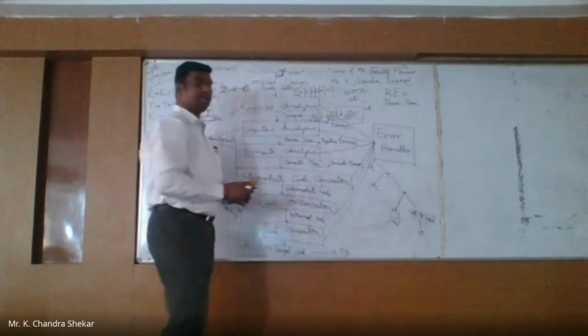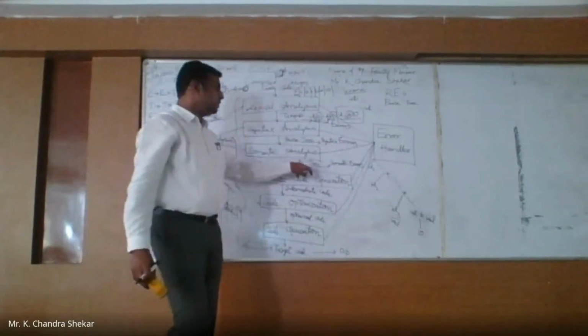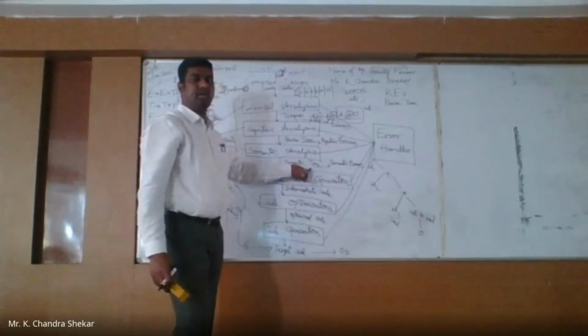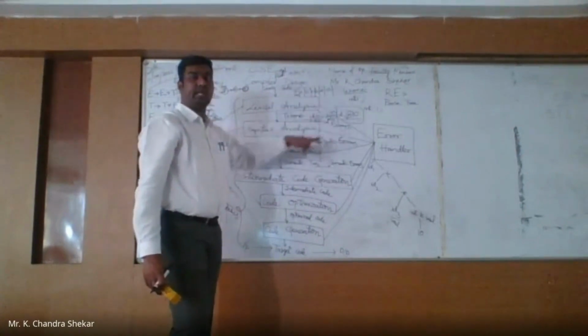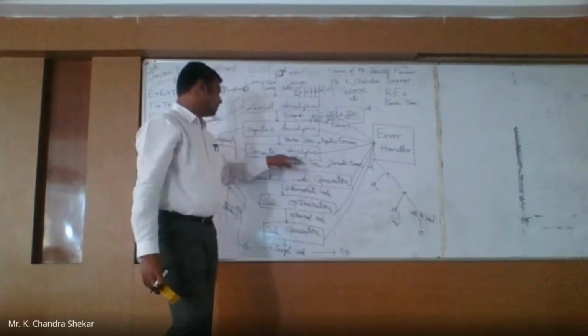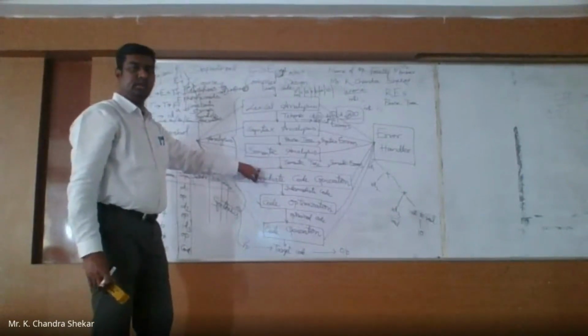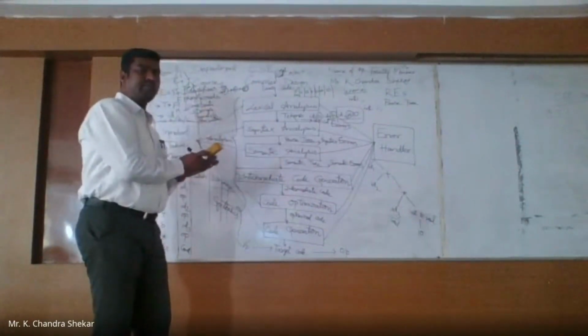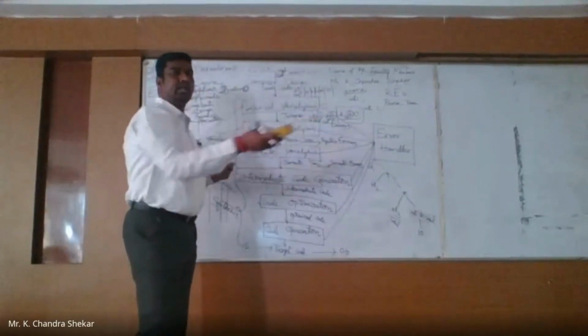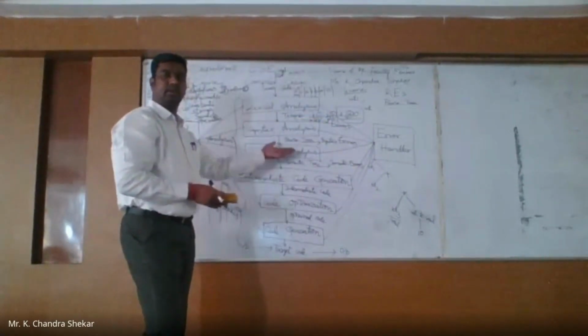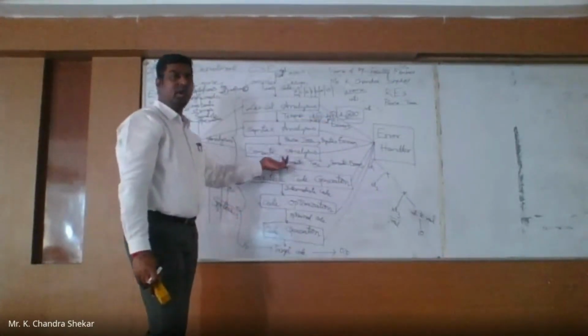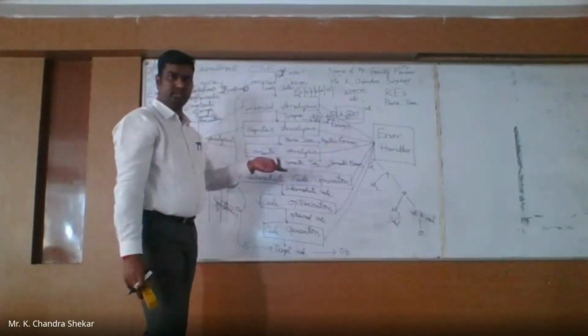Now, when do you get semantic errors? When there is a mismatch with respect to compatibility or type checking. That is where the semantic analysis phase plays a role. So when one type of operand is added with another type of operand, then you get an error, or sometimes you may get a warning also.